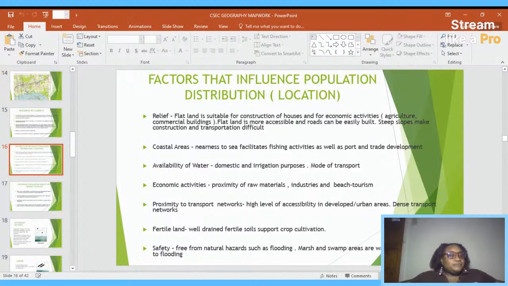What is an indication of water availability on the map? Can you tell me? Anybody? I'm looking for you all to comment in the chat. Remember, I don't like speaking to myself, right? So, if you are given a map, how can you recognize that there is availability of water?